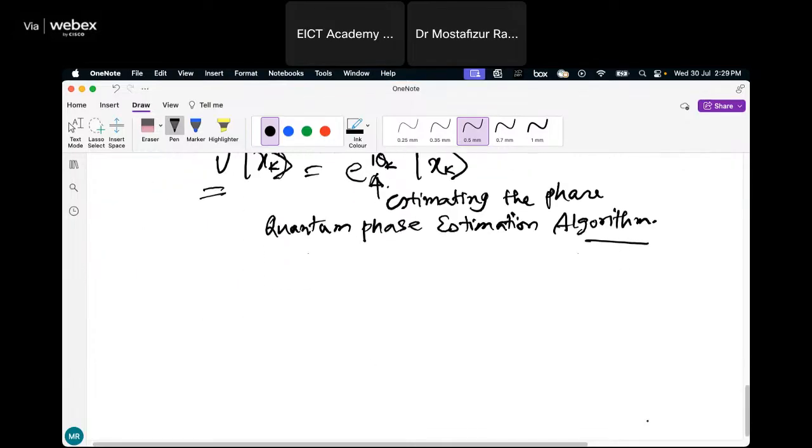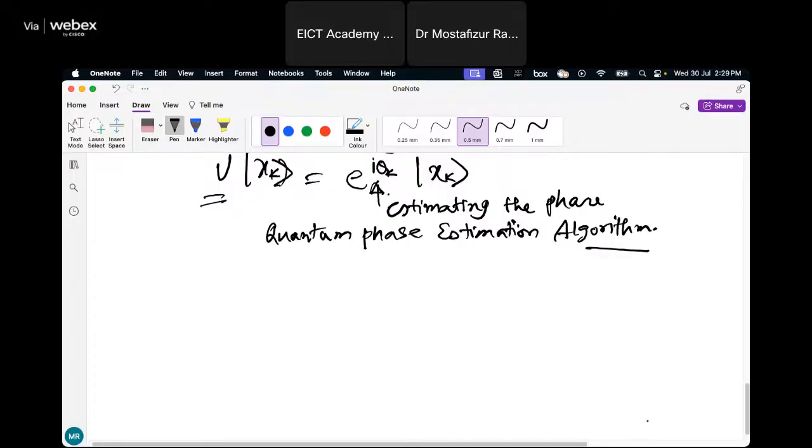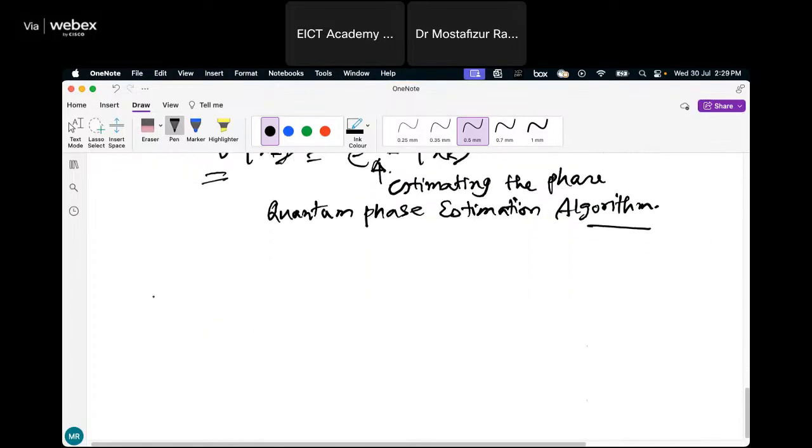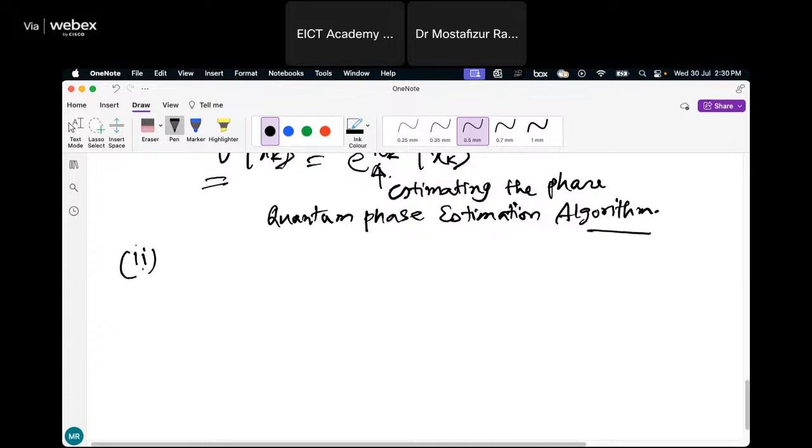Okay, so now there is more. This is, say, 3.1 and 3.2. If lambda x is one of the eigenvalues and lambda y is another eigenvalue of the matrix U, and lambda x is not equal to lambda y, so they are distinct eigenvalues of the matrix U, that means their phases are different.